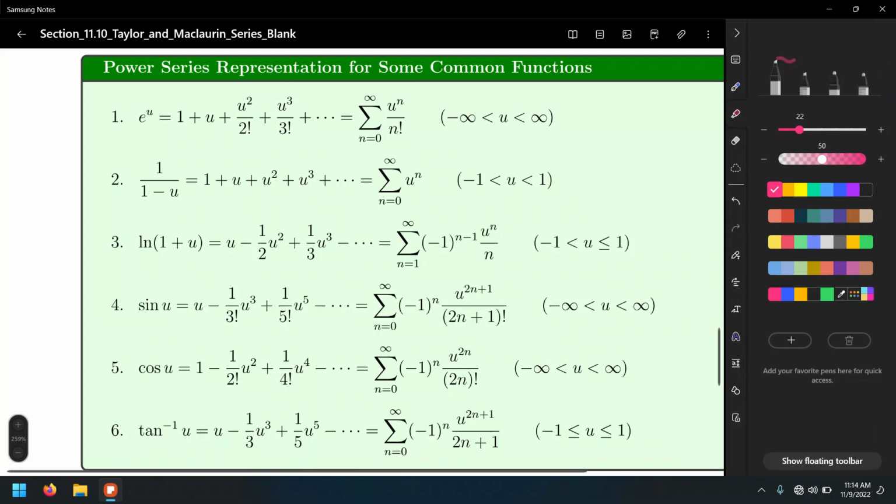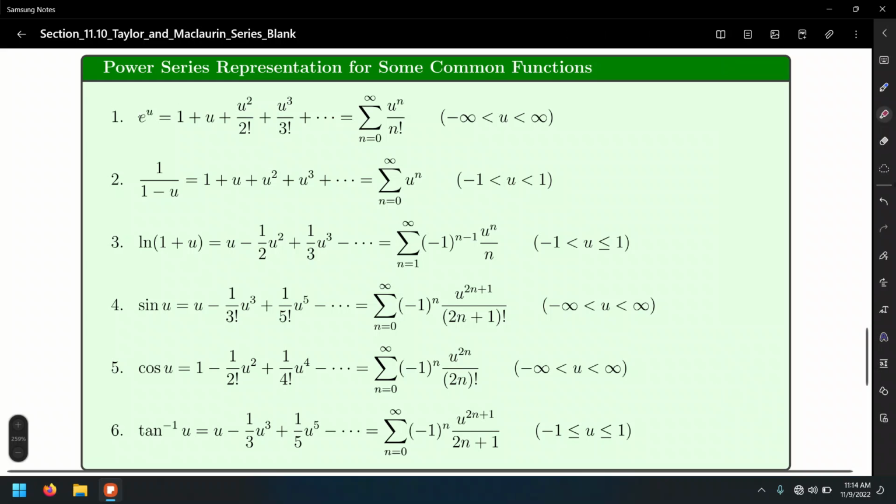We just got the power series for e to the u. Well, actually, let me mention something. Your textbook is not going to give you all this in terms of u. It's just going to give it to you in terms of x.